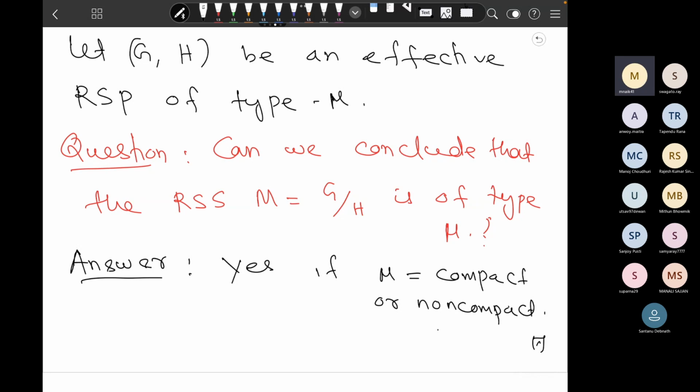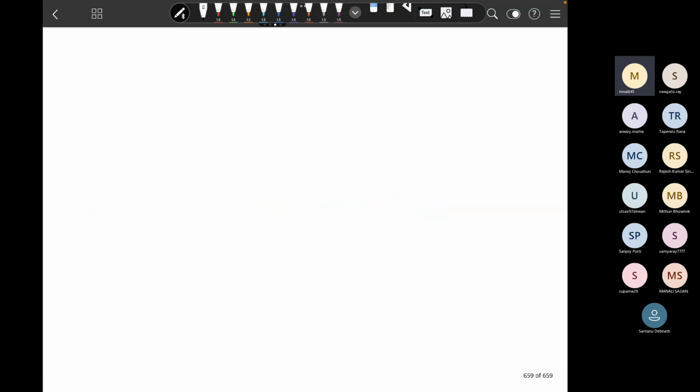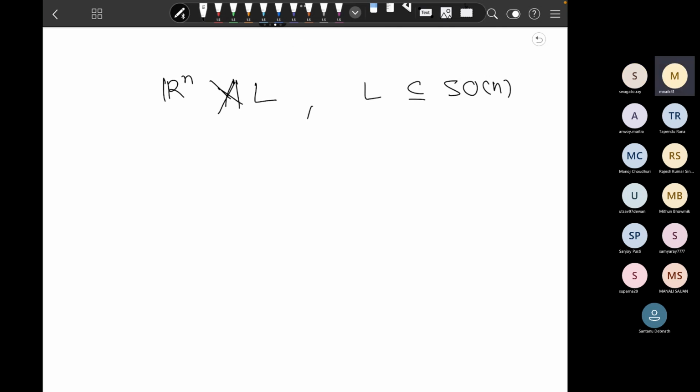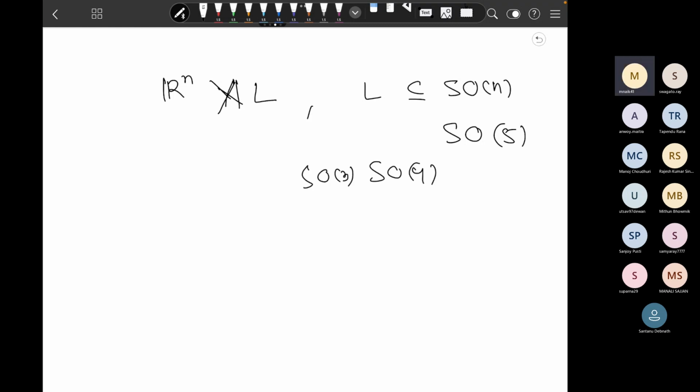Not SO(n) actually. I have taken any subgroup, R^n cross any compact group L, where L is a compact subgroup of SO(n). Suppose you are in SO(5), so you can take SO(4), SO(3), or L equal to the identity also.